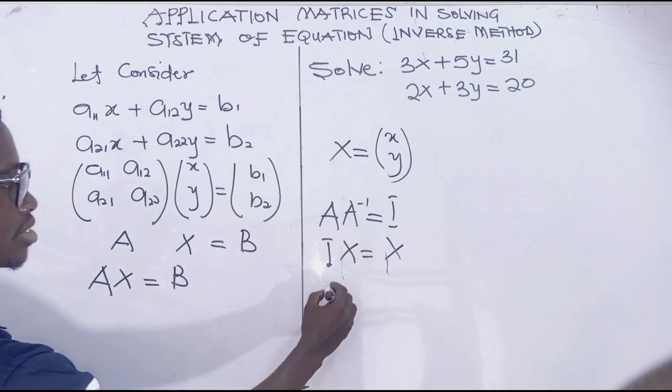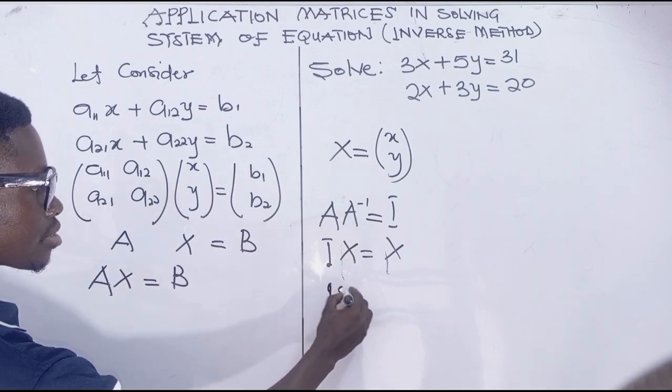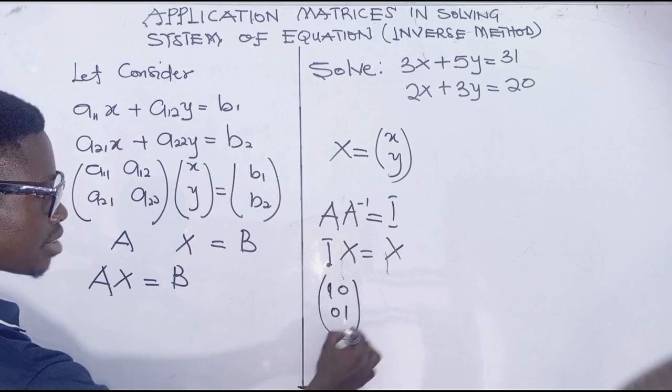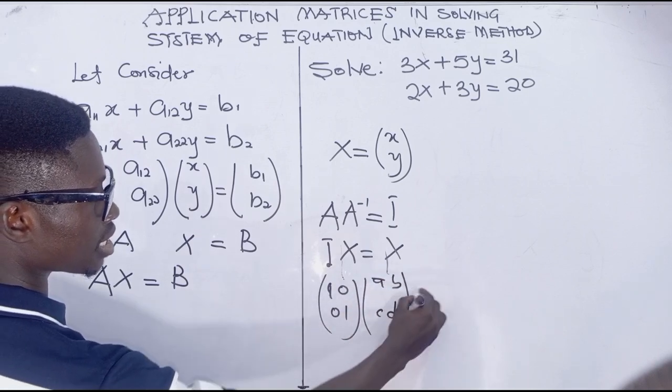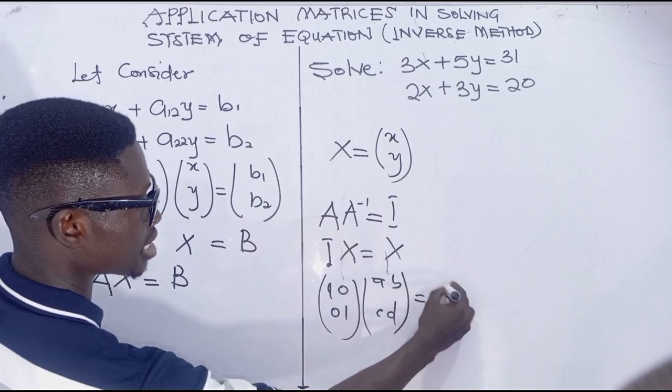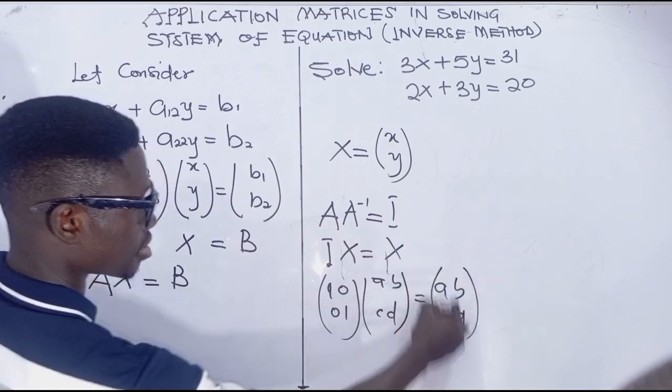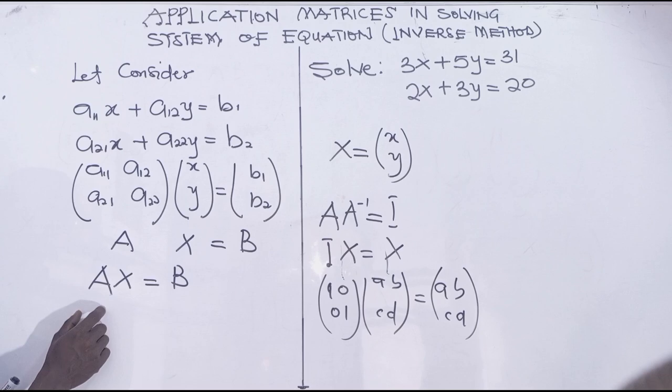So if this is a unit matrix and you multiply it by any matrix, the result is going to be the same matrix. So we are going to multiply both sides of the equation by the inverse of A.